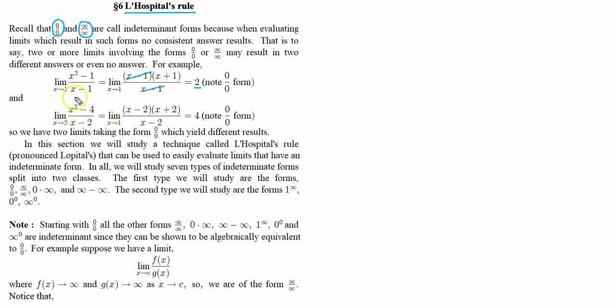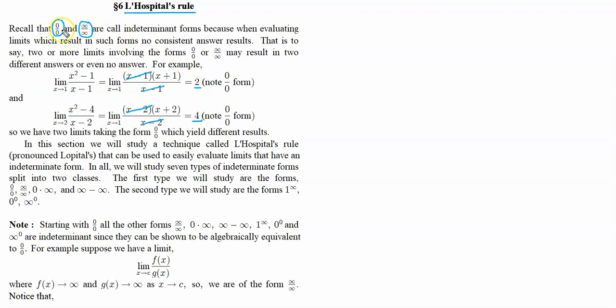Now if we expand the numerator as x minus 2 times x plus 2, you see how these x minus 2's will cancel, and we get our limit equaling 4. So you see we have two limits here, both of the form 0 over 0, yet they yield different numbers. And so you see we can't consistently assign a value to 0 over 0.